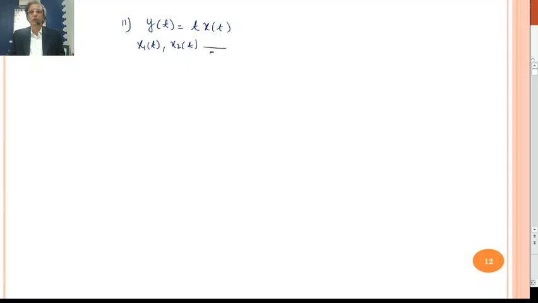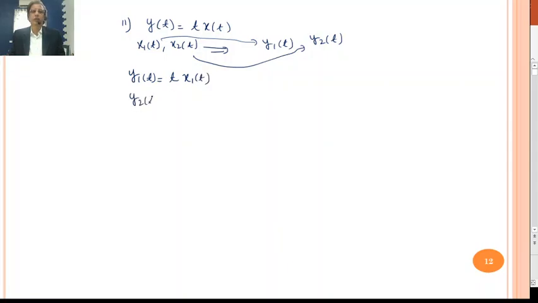These are the two inputs given to the system, and the response due to the first input is y1t, and due to the second input is y2t. Now first find out y1t equal to t into x1t. Then y2t equal to t into x2t. This is the response due to the individual inputs.